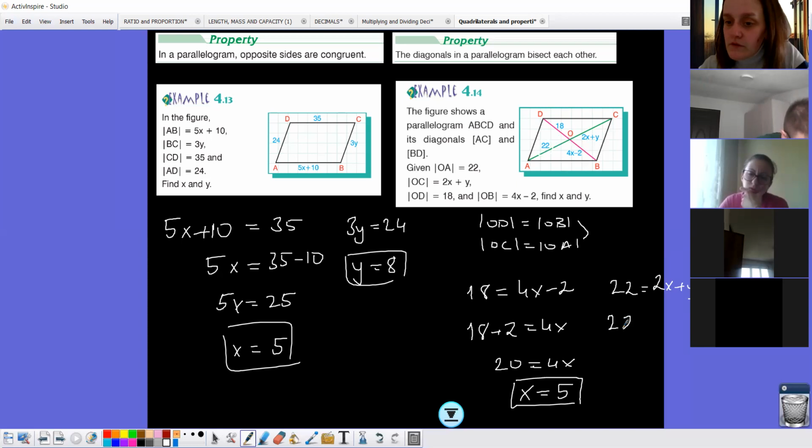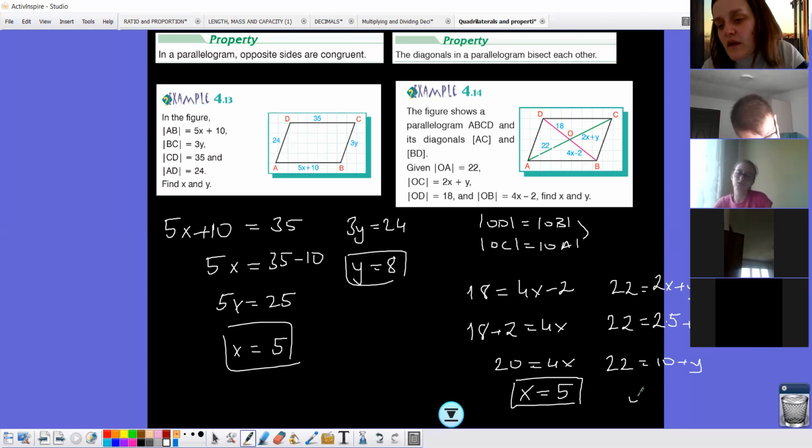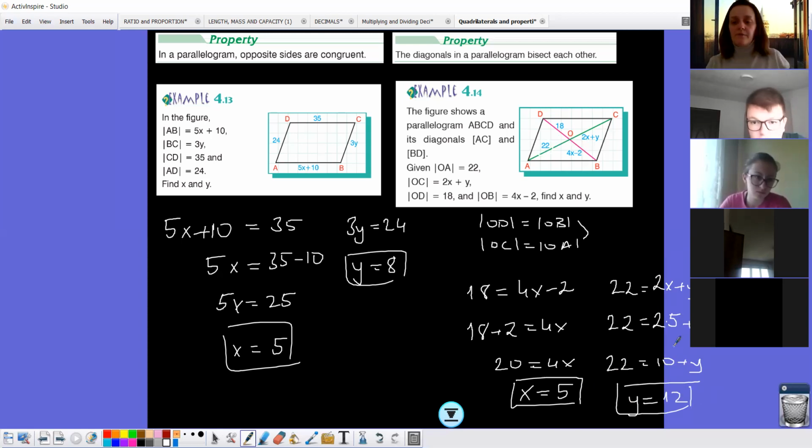So it will be 2 times 5, which is 10, plus y, because we found x here. Then 22 is equal to 10 plus y, then y is equal to 12. Okay? Okay, teacher, yes, it's okay.